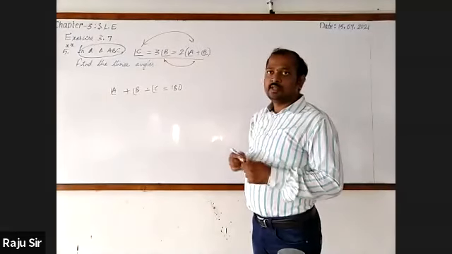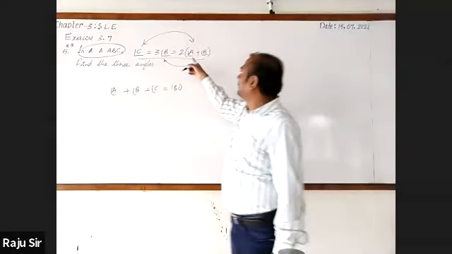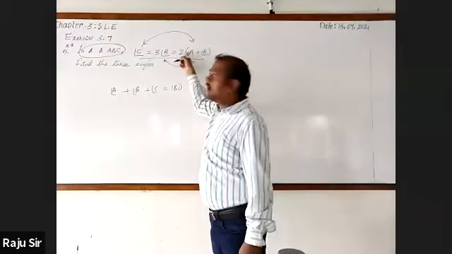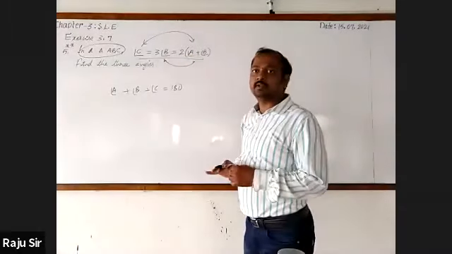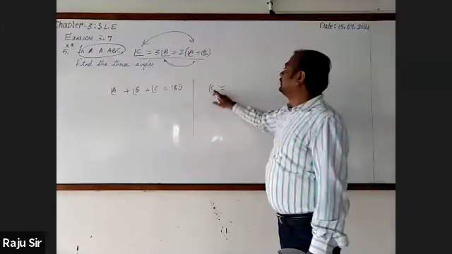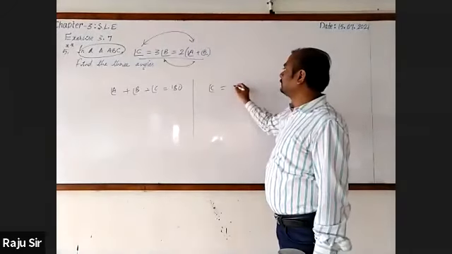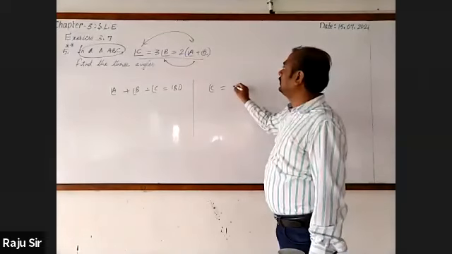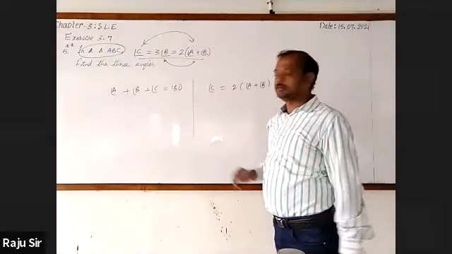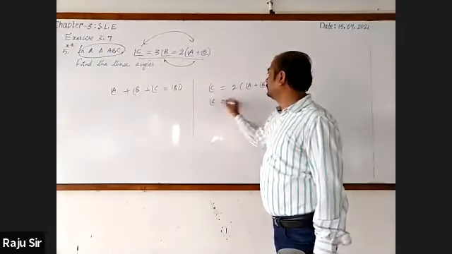Got it? If I take only the first and last, it is angle C equal to 2 times angle A plus angle B. Angle C is equal to 2 times.